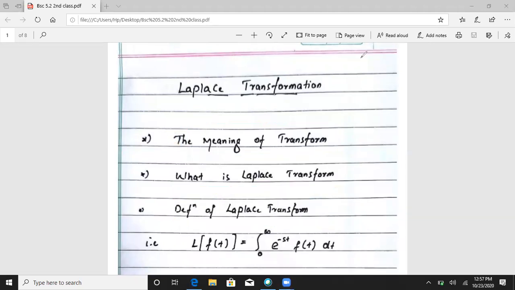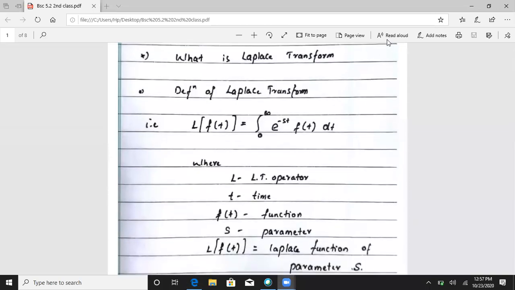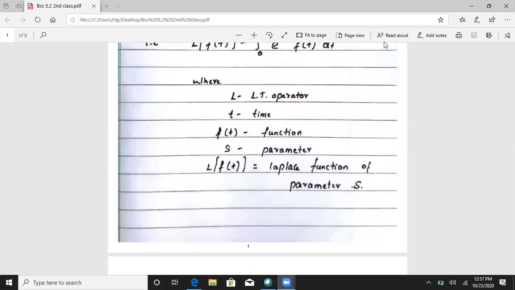The Laplace transformation of a function is L of f of t equals integration from 0 to infinity of e to the power minus st f of t dt, where L is the Laplace transformation operator, t is time, f of t is the function, and s is a parameter.